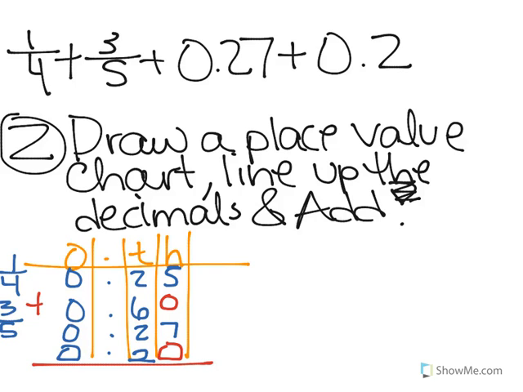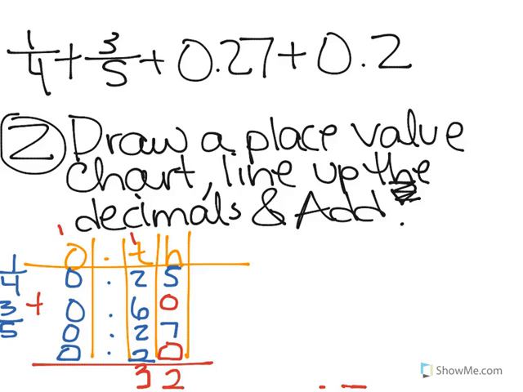Okay, and so in this case, I have 5 plus 7. 5 plus 7 is 12. 2, carry my 1. And I have 1 plus 2 is 3. 3 plus 6 is 9. 9 plus 2 is 11. 11 plus 2 is 13. Carry my 1.